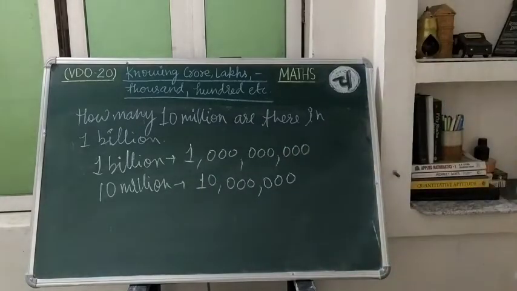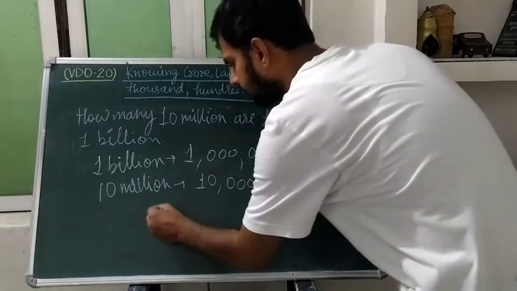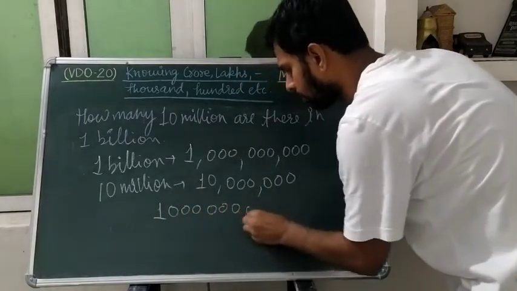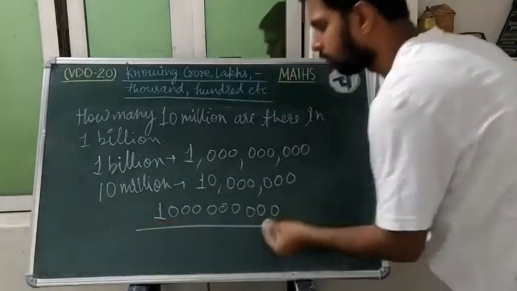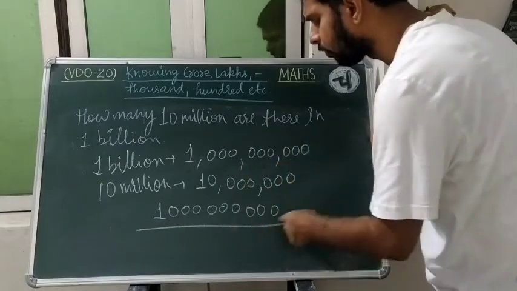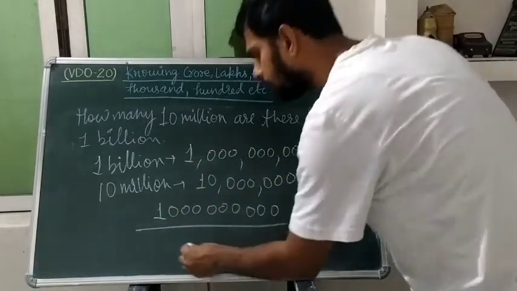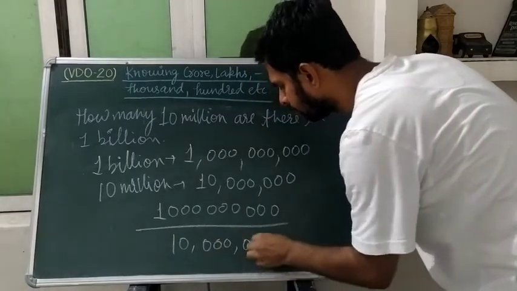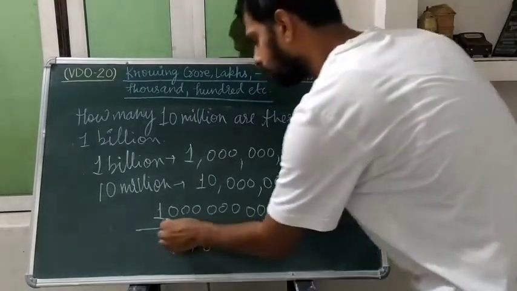It will become like this. Now divide the 1 billion by 10 million. Isn't it?